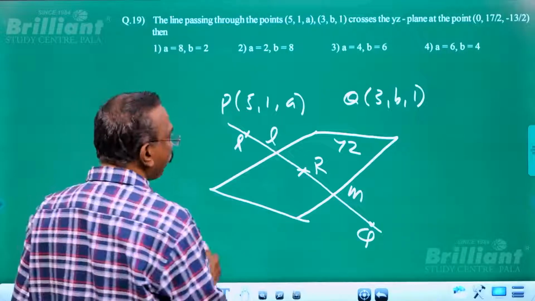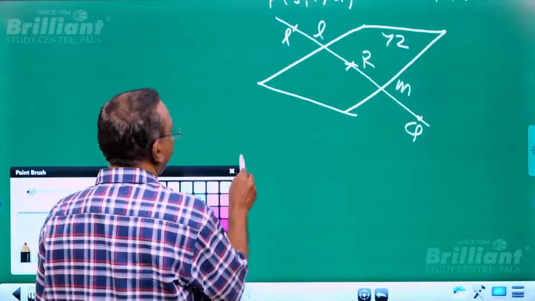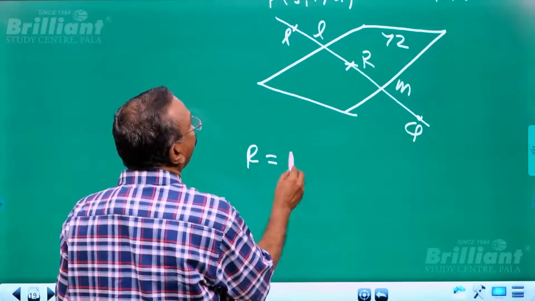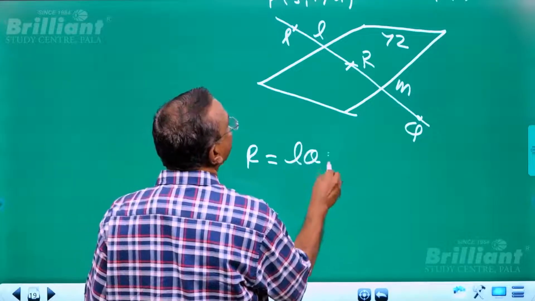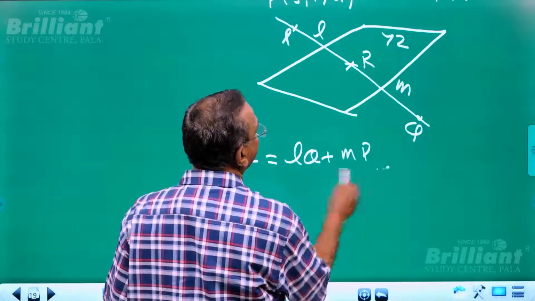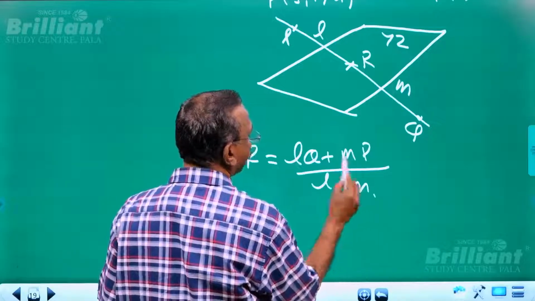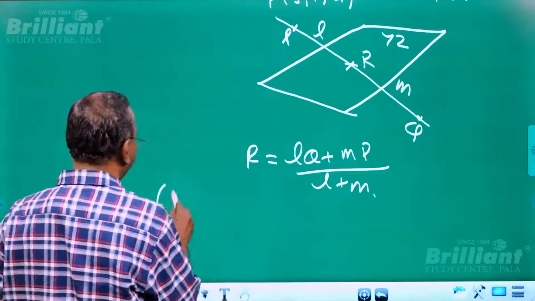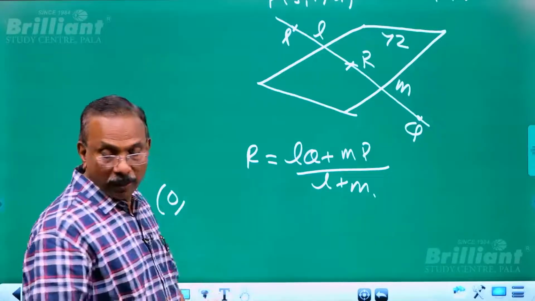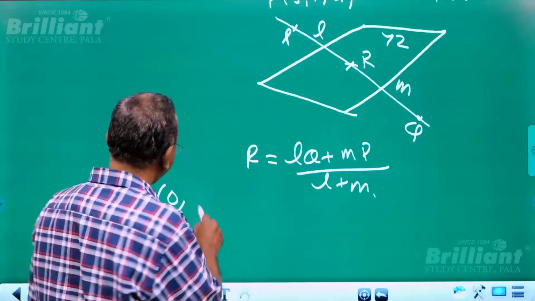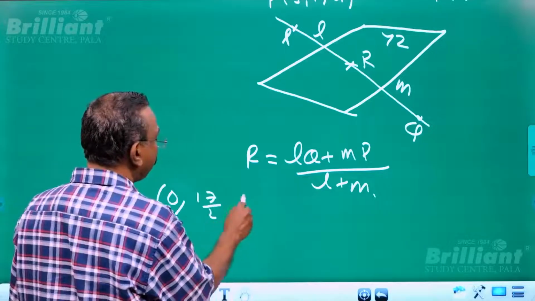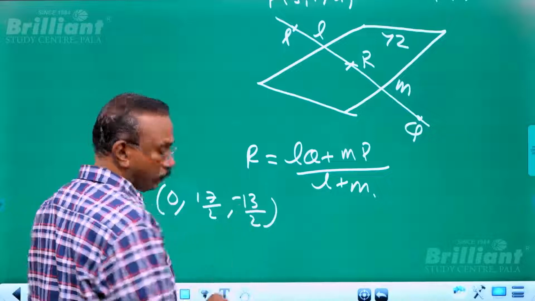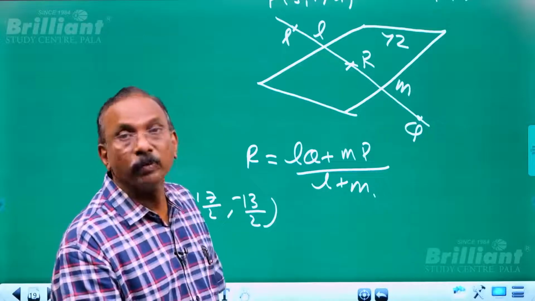So we can write down the equation for R. R is equal to (LQ + MP) divided by (L + M). Therefore, R is given as what? (0, 17/2, -13/2).